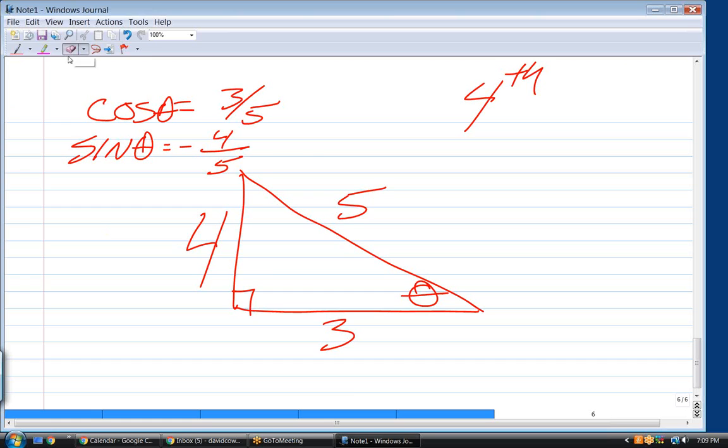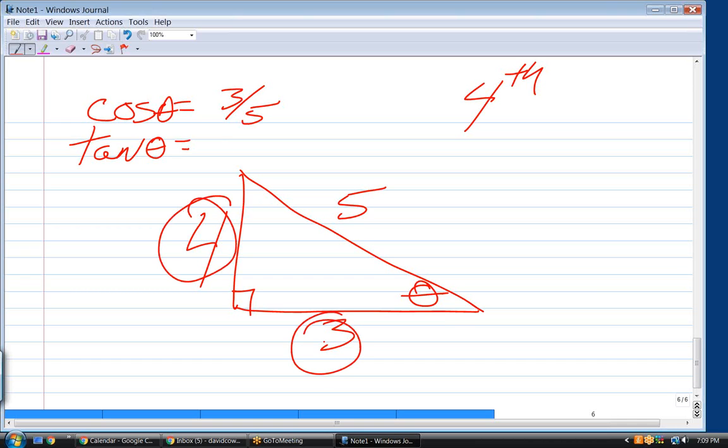And using this method, it wouldn't have mattered whether they wanted to know sine. What if they had said, what's the tangent of theta? What's the tangent of theta equal to? The tangent would be 3 over 5. No. Opposite over adjacent. Oh, yeah, sorry.